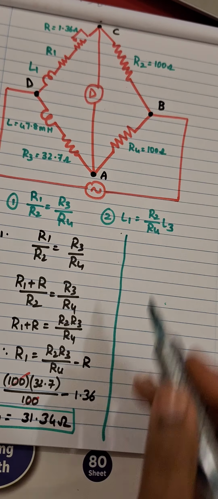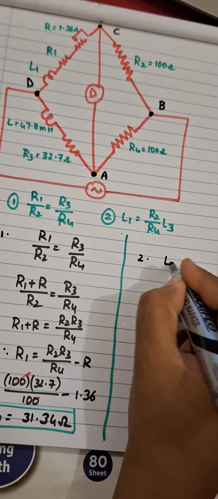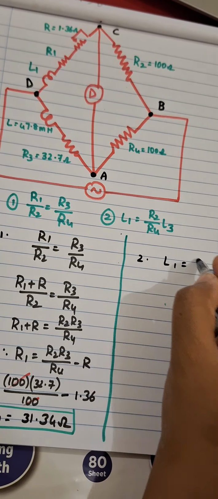Clear? Yes. So now our second formula is L1 is equal to R2 by R4 into L3. Therefore, L1 is equal to, what is R2? 100. What is R4? 100. What is L3? 47.8.